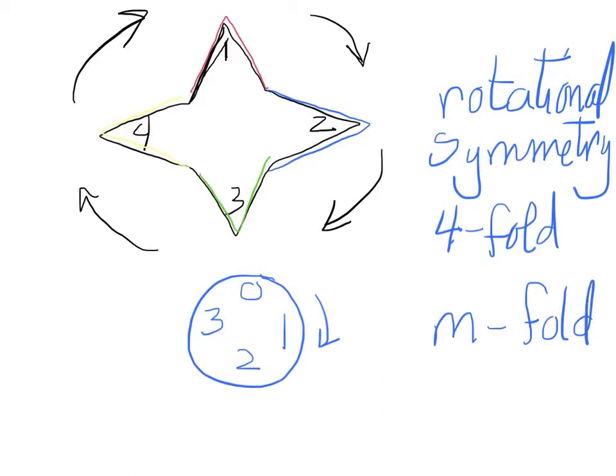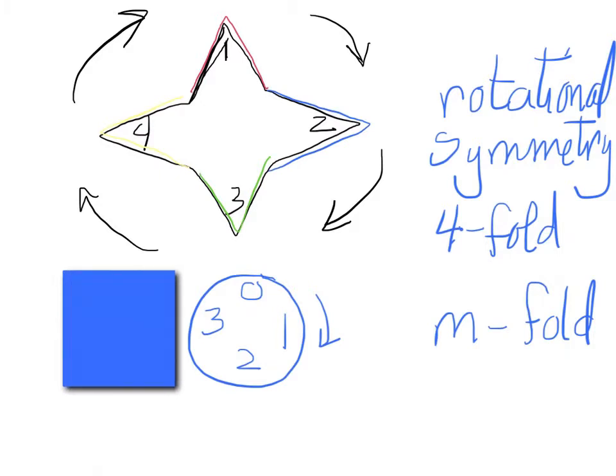In fact, if I were to draw a square like this, then that square has a 4-fold rotational symmetry, just like the star, or just like the light switch did. So what we'd like to do now is define a concept called a group. And after we do this, we're going to do a number of problems, and then we'll go through that.